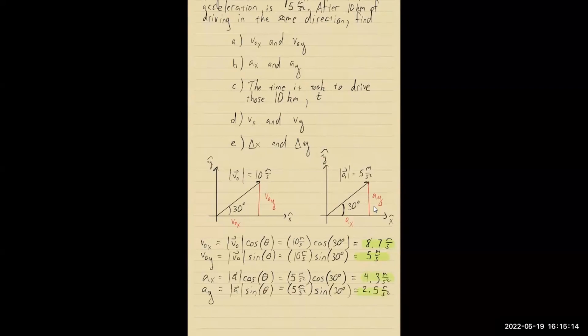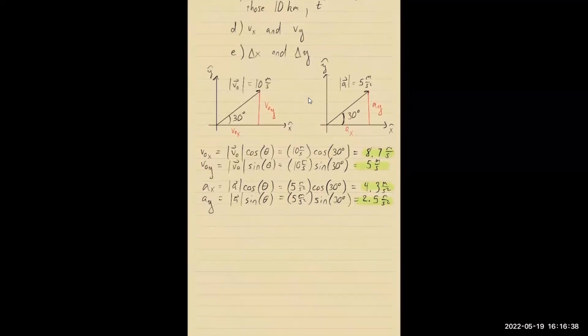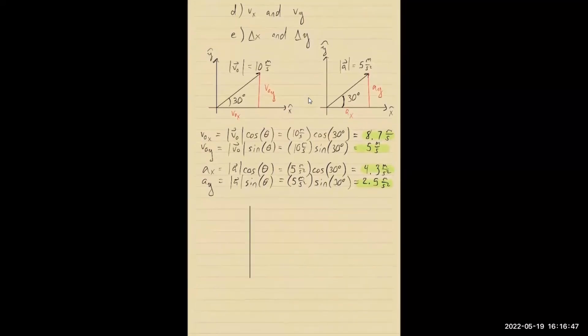Right, now we found the x and y components for both our initial velocity vector as well as our acceleration vector. So now let's look at part C. So to solve for part C, we're going to make use of the fact that our displacement is going to be 10 kilometers away from the origin at an angle of 30 degrees with respect to the positive x-axis. I'm going to draw another picture.